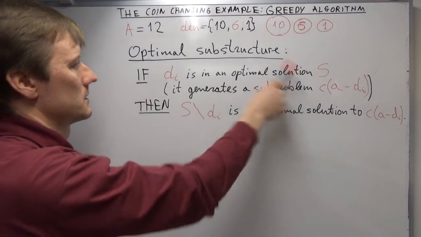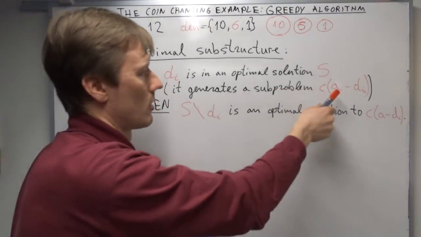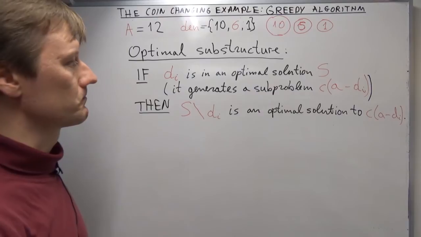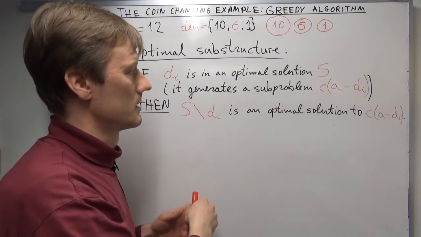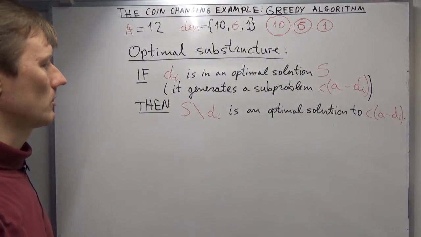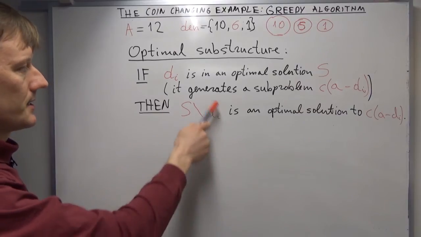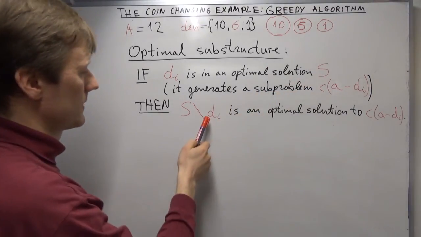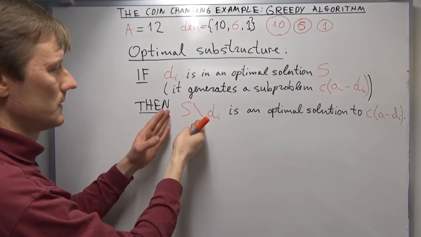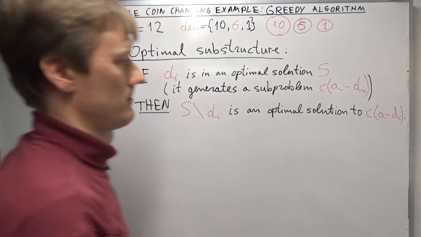But if we assume that d_i is in an optimal solution S, and it generates a subproblem, in this case this kind of subproblem, or in some other kind of problem it may generate more than one subproblem, 2 or more subproblems, then we want to show that if you take this optimal solution and remove just this choice, so take the remainder of the solution, that remainder is an optimal solution to this subproblem.